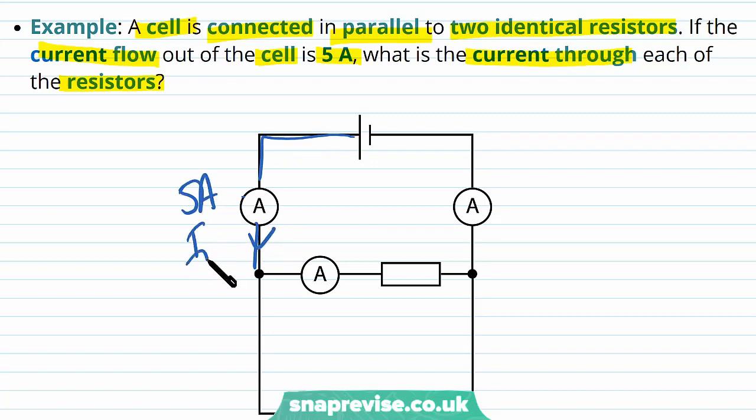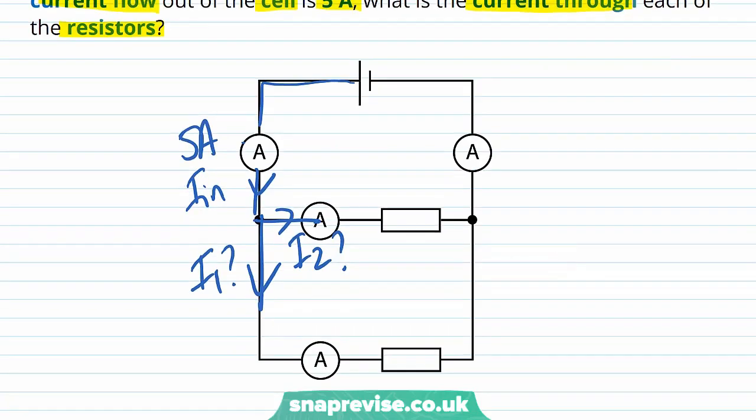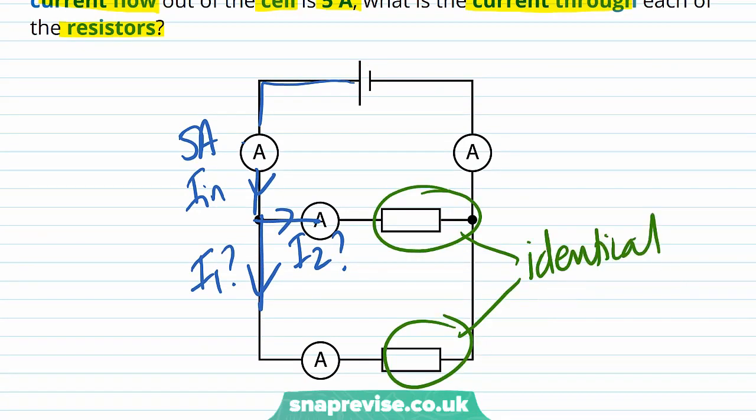So we've got our current going in, and this then splits at this junction. So we've got I1 here and I2 here, and we want to know what these are. But we've also been told that these two resistors are identical. And the other thing to note is that the current that then comes out of this second junction is also equal to 5 amps, because our I1 and our I2 then recombine here.